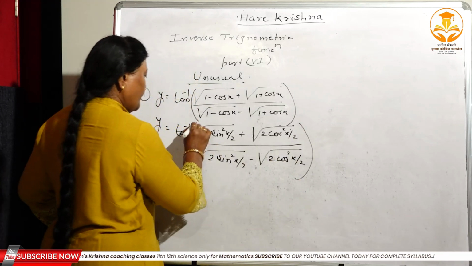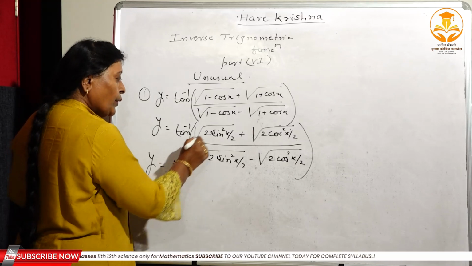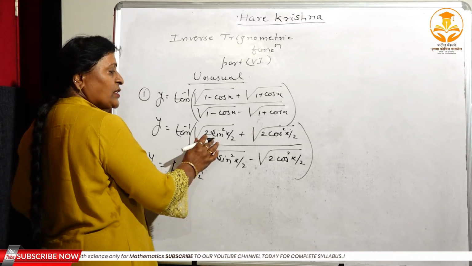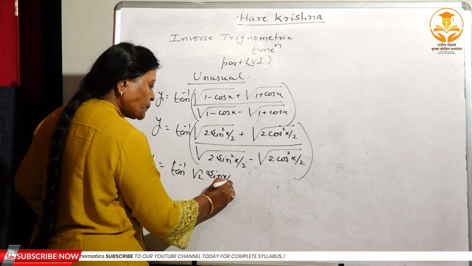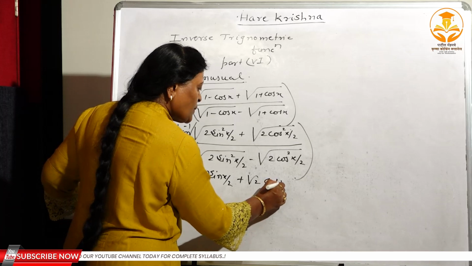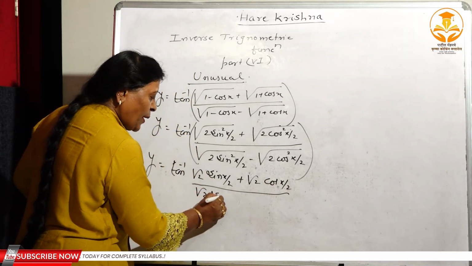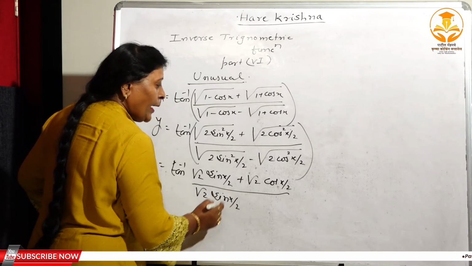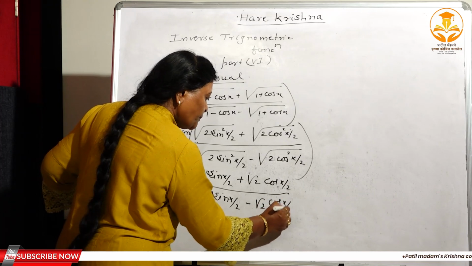Right? Again, y is equal to tan inverse, root 2 remains as it is, and the square root of sin square x by 2 is sin x by 2. Again root 2 remains, and the square root of cos square x by 2 is cos x by 2.